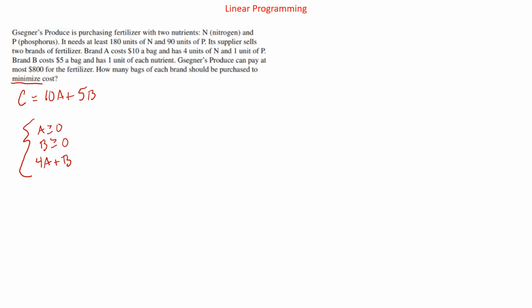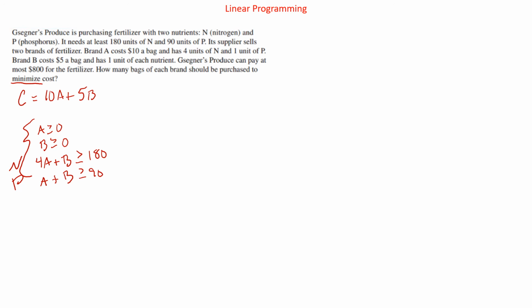And we have to have at least 180 units of nitrogen. We'll have a phosphorus. So we need at least 90 units of phosphorus. It has 1 unit, and brand B also has 1, so A plus B is going to have to be greater than or equal to 90.